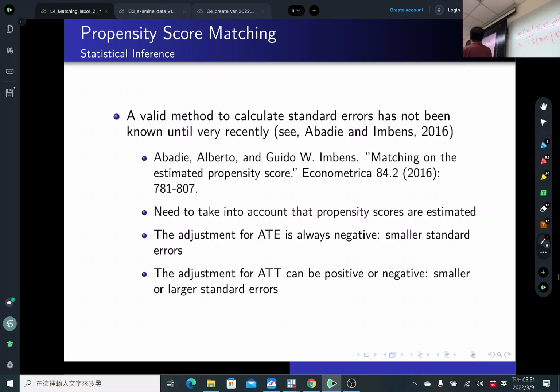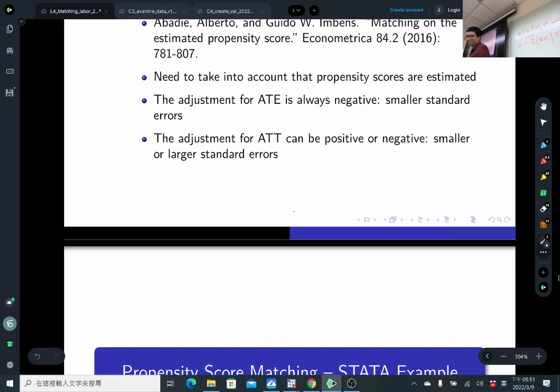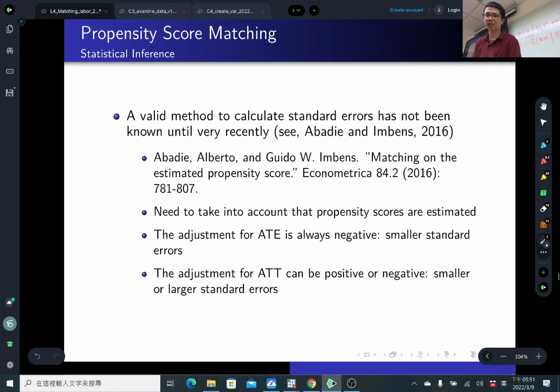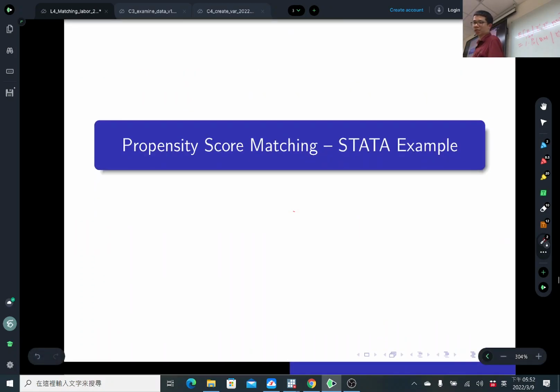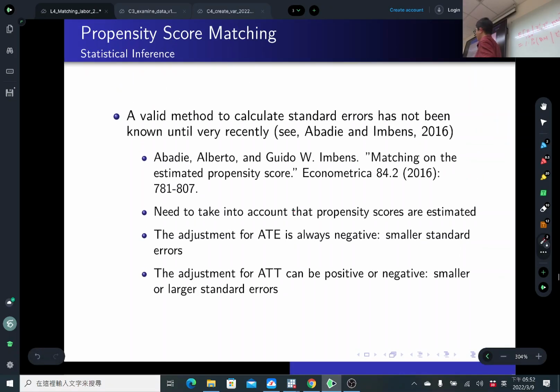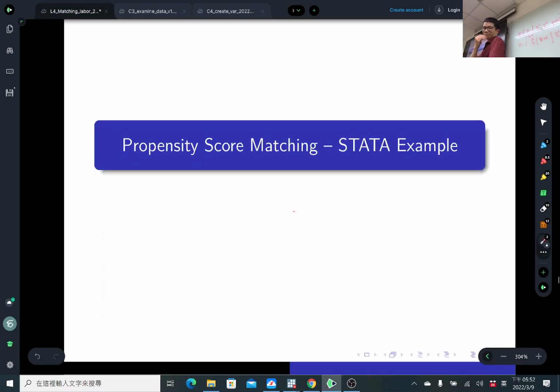After considering this, they get the right standard error calculations, so the previous ones were not right. This is just a brief mention. If you are interested, you can read their papers. Any questions? Okay.